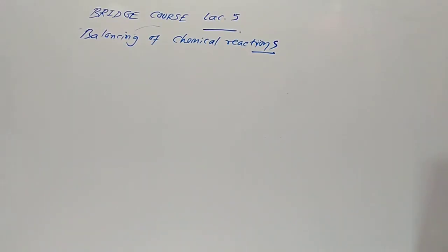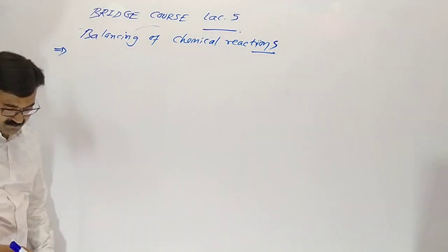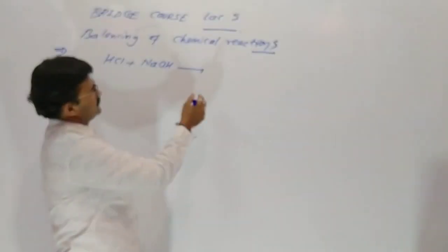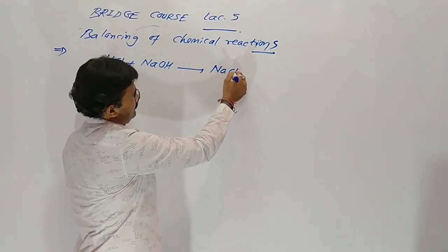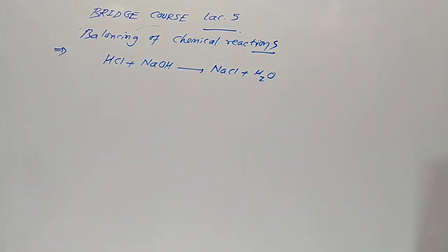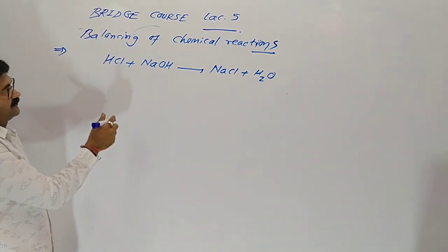There is a trick and I am giving it to you. We will start with simple examples. HCl is hydrochloric acid. NaOH, sodium hydroxide. It gives sodium chloride and water. Understood? This is our reaction.